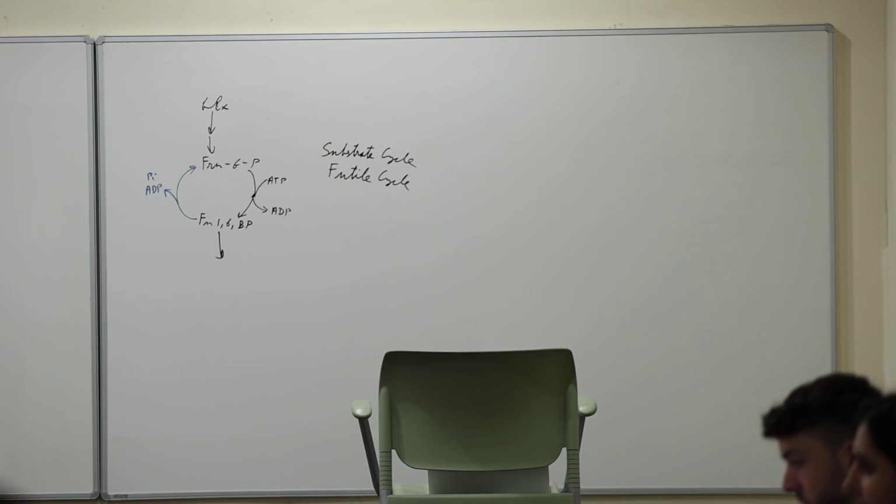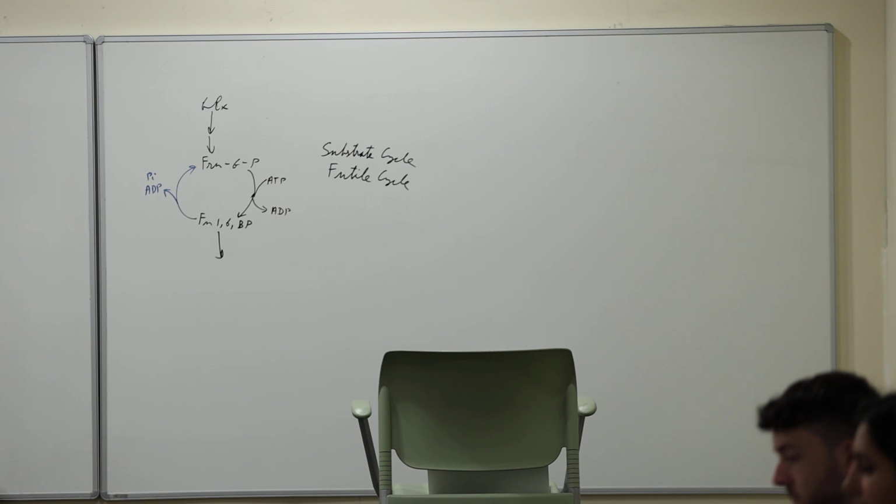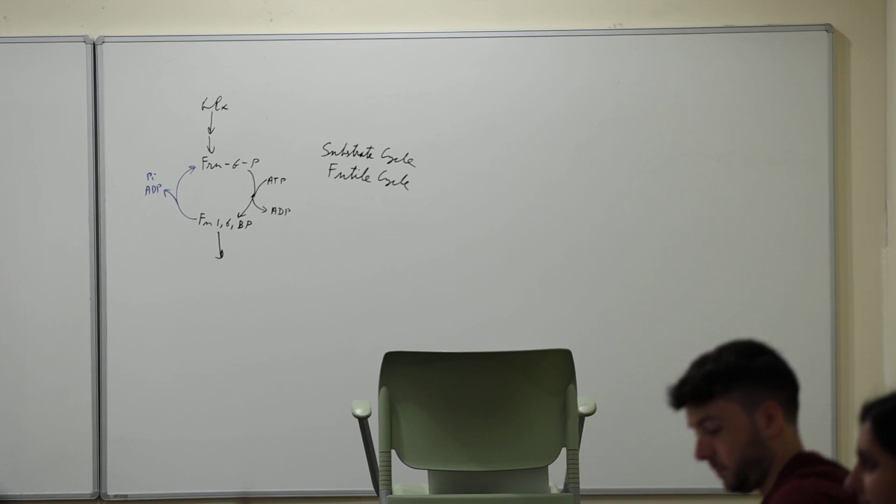Insulin will activate a phosphatase, and that phosphatase will remove a phosphate from glycogen phosphorylase and from glycogen synthase, both. Because it's a phosphatase, it will remove a phosphate from both. And this act of removing a phosphate will activate one and inactivate the other.